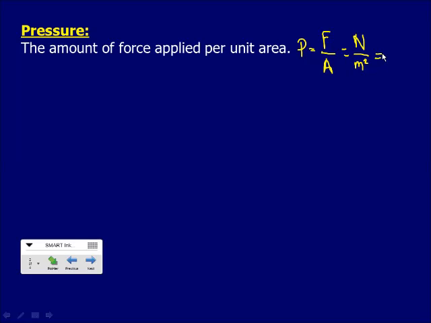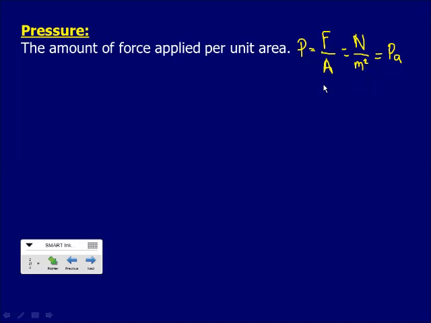Now, like many other units in physics, we've often given the complex unit a different name to honor someone and to make it a little simpler. The person that we've named this unit after is Pascal, so it's capital P-A, a Pascal. All right?